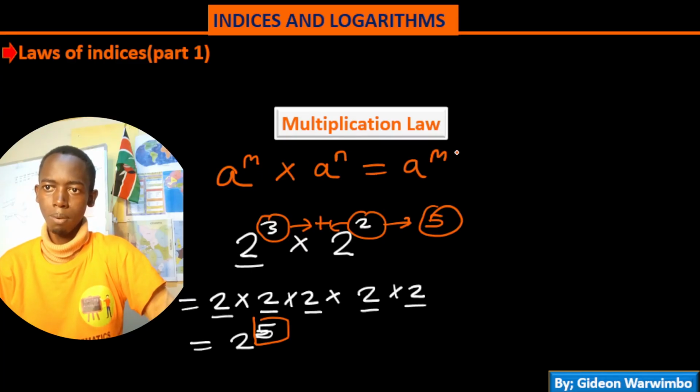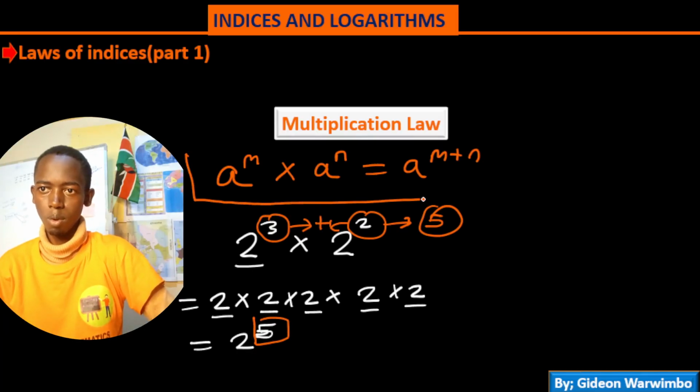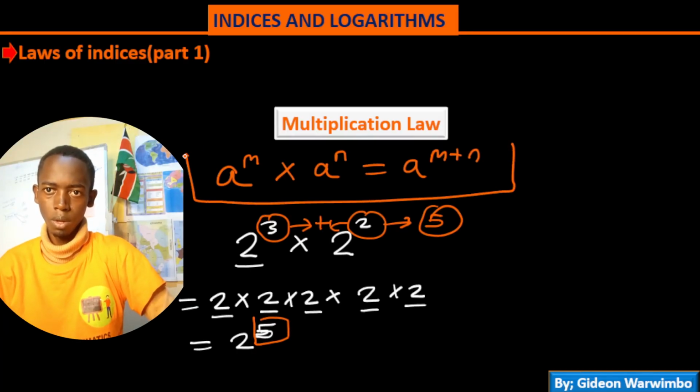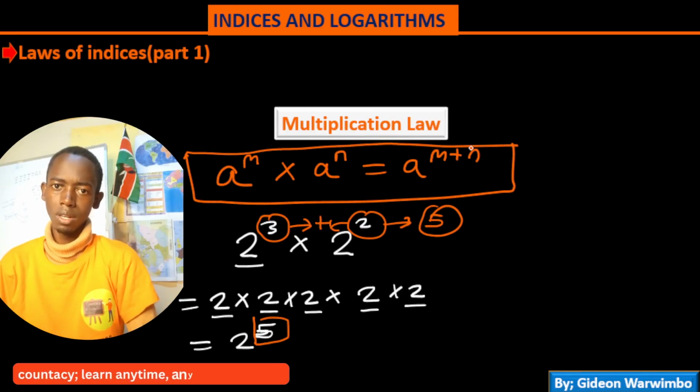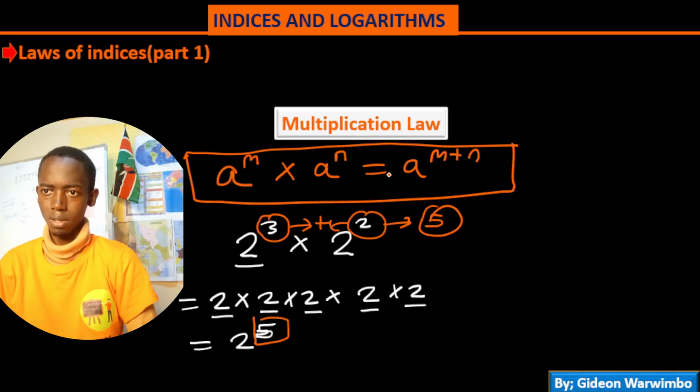So this is the general formula for the multiplication law. This is very important, and in most of the questions we'll be doing in upcoming sessions, we'll be using this law a lot. Therefore, ensure that you master it very well.